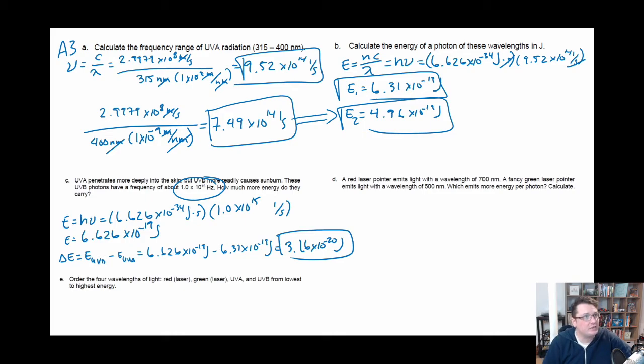So that's the energy difference there, because again, you should be subtracting the energy values from each other.